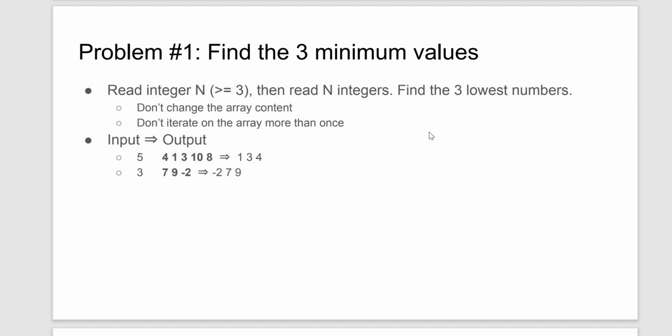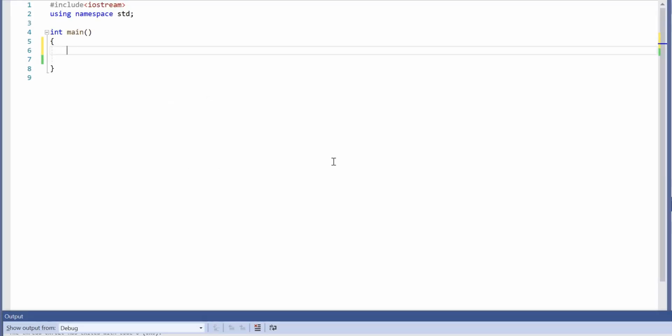So to do this we're going to need to use an array, and after we've got an array which contains only our minimum values, we're going to try and sort it so that we're outputting from the lowest number up to the highest. So a little bit tricky, but let's see how it works.